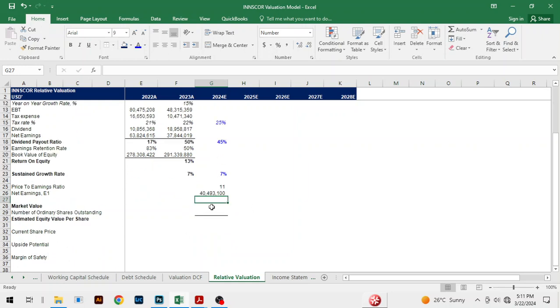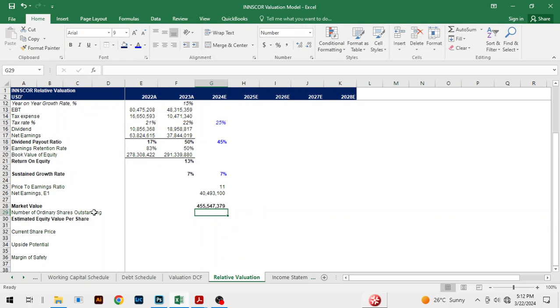So now we want to compute the market value. So now it's easy. We have got the price to earnings ratio and we have got the net earnings, so we can multiply that. So these are net earnings that we forecasted for 2024, and this is now the market value there.